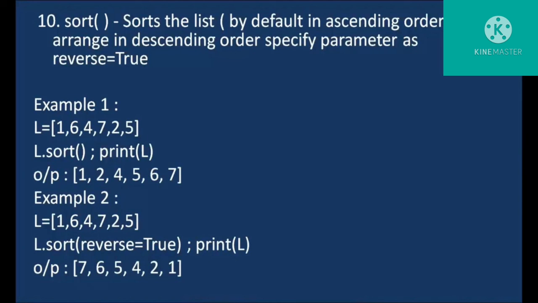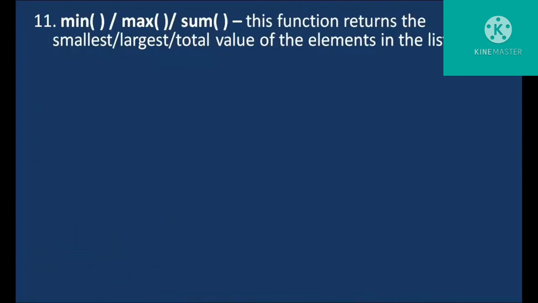L इक्वल्स टू 1 6 4 7 2 5, L डॉट सॉर्ट. इसमें मैंने पैरामीटर डाल दिया रिवर्स इक्वल्स टू ट्रू. तो इसने क्या कर दिया? आपका बड़े से छोटे क्रम में करना शुरू कर दिया. देख लीजिए डिसेंडिंग ऑर्डर में इसने क्या कर दिया? जैसे ही रिवर्स इक्वल्स टू ट्रू मैंने किया तो 7 6 5 4 2 1 कर दिया. ठीक है, उस तरीके से सॉर्ट कर दिया. तो इस तरीके से हम लोग सॉर्ट कर सकते हैं. ठीक है, असेंडिंग और डिसेंडिंग ऑर्डर में.